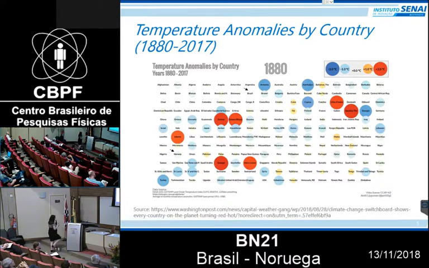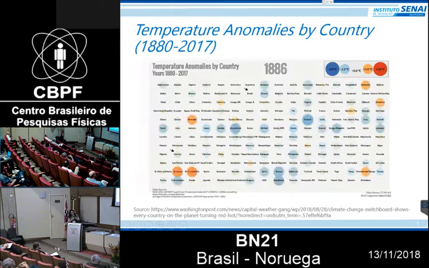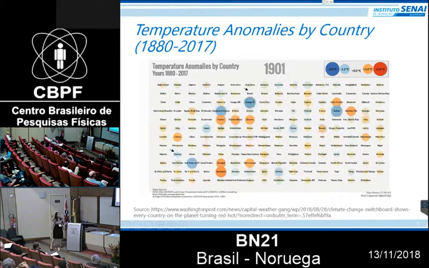I have here a video just to show you how these emissions are impacting the temperature of the countries. If you look at the red and orange circles, they are showing the increase in 1 degree or 2 degrees. Just for sake of curiosity, Brazil is here and Norway is here.